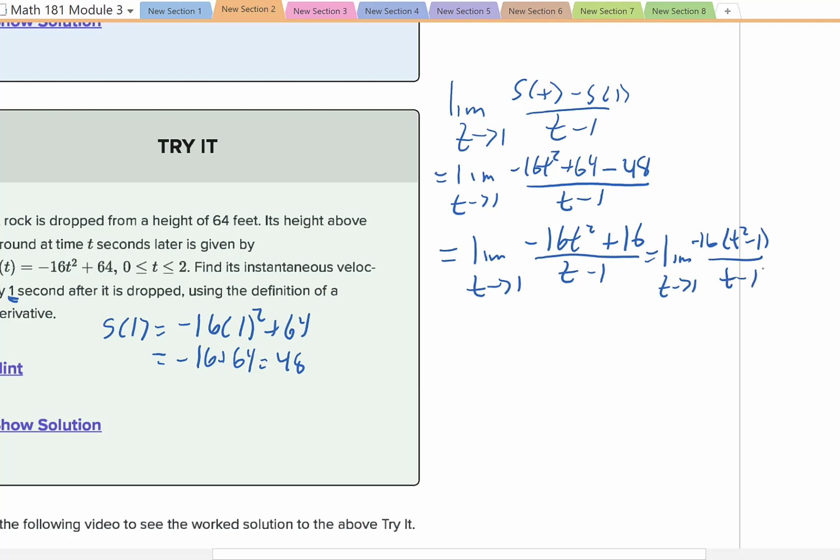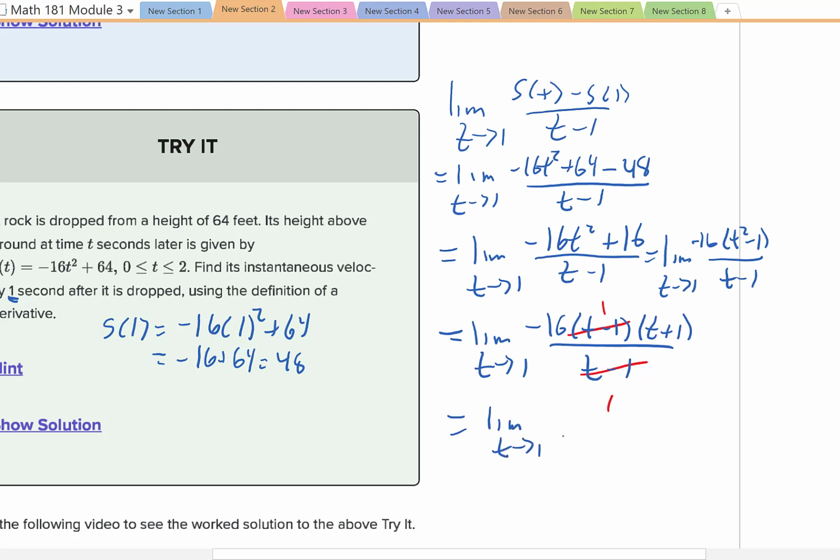So you probably recognize now that we can write this as the limit as t approaches 1 of negative 16 times t minus 1 times t plus 1 over t minus 1. And what happens to those t minus 1s? Well, they divide out. And we have a limit as t approaches 1 of negative 16 times t plus 1, which will end up being negative 16 times 1 plus 1, which is negative 32. And this is in feet per second.